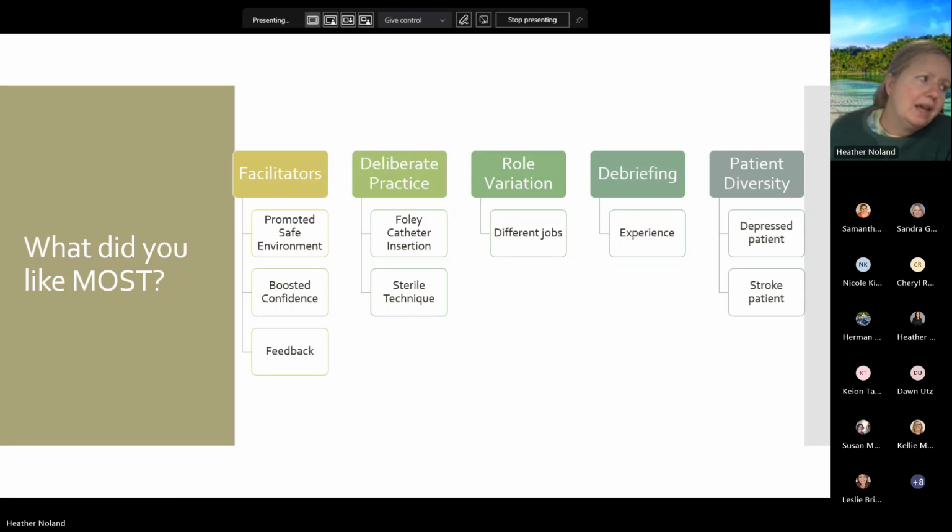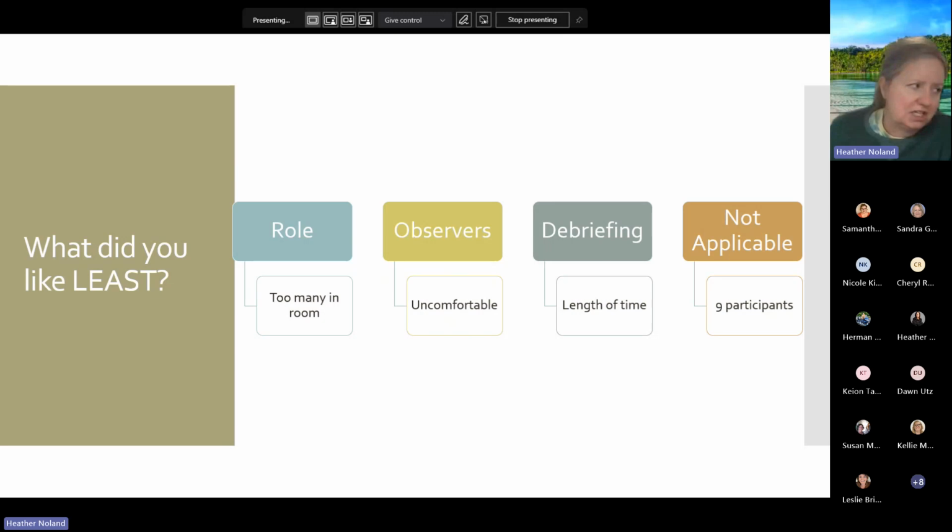And you can represent that data this way, just like what they like the most. What did they like the least? And you'll see on the screen, these are maybe potential opportunities that we might need to look at. But one of the things you'll see is that 9 out of those 12 participants said that there was nothing that they liked least. And so you can do what you want with this data.